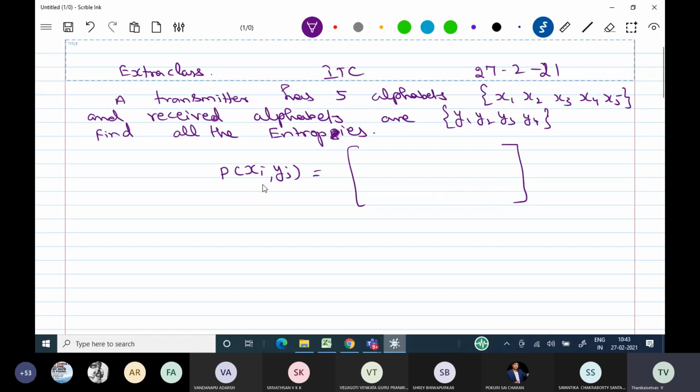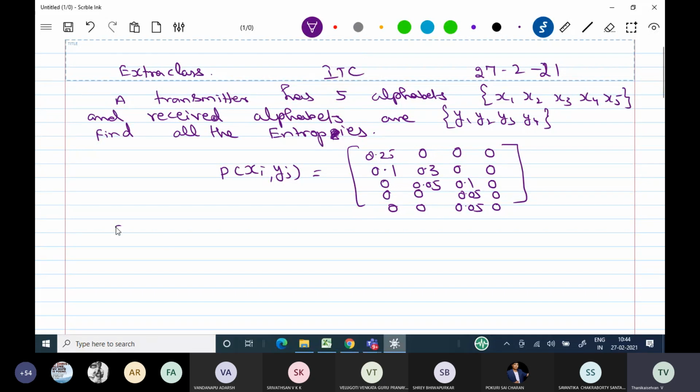JPM is given: 0.25, 0, 0, 0, 0.1, 0.3, 0, 0, 0, 0.05, 0.1, 0, 0, 0, 0.05, 0, 0, 0, 0.05, 0, like this. So a transmitter has 5 alphabets, x1 to x5. Then the received alphabets are y1, y2, y3, y4.